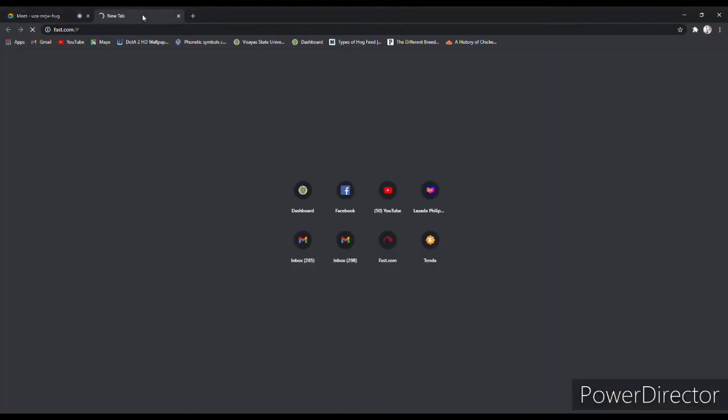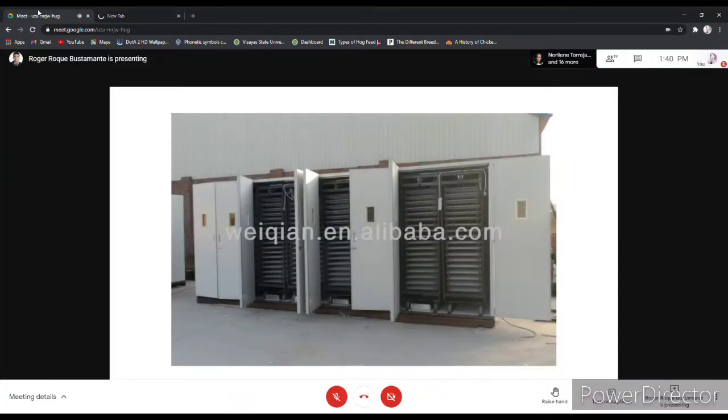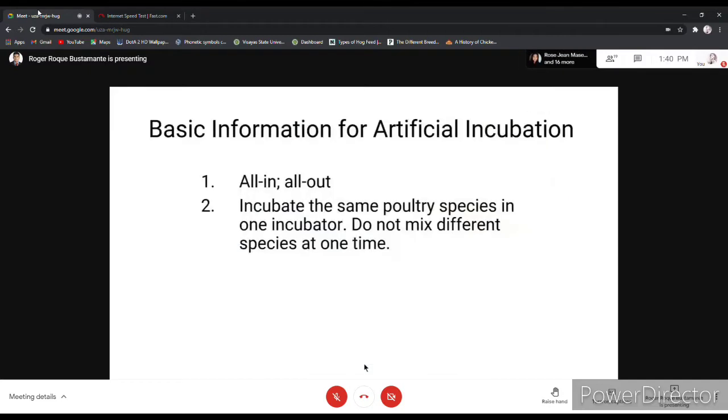Okay, so the types of incubators. For example, if you have an established hatchery farm with a high volume of production, then you would use high-tech incubators. The basic principle for artificial incubation is all in, all out.